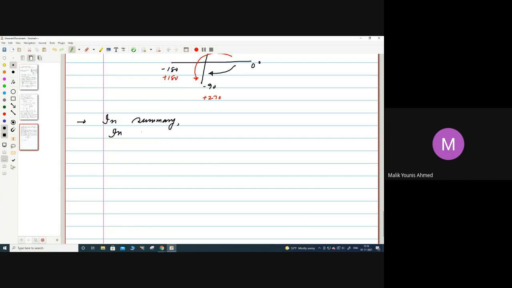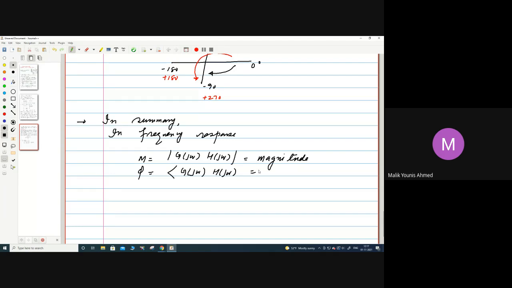In frequency response, M is the magnitude of G of jω, H of jω, that is the sinusoidal transfer function. Maybe that is a unity feedback, then H of jω will be 1. So that is the magnitude. And φ is the angle of G of jω, H of jω, and that is the phase.